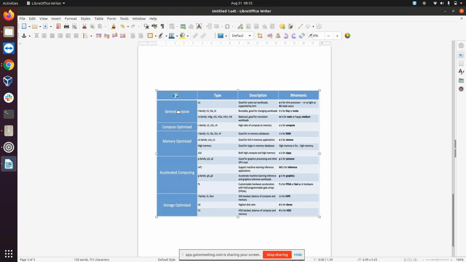Yes, we can change it. If you want to scale up or scale down based on your requirement, suppose in the future you need to upgrade to higher capacity or accelerated computing, you can do it.